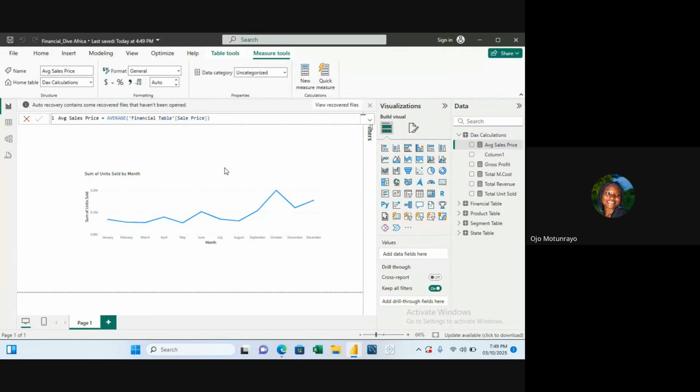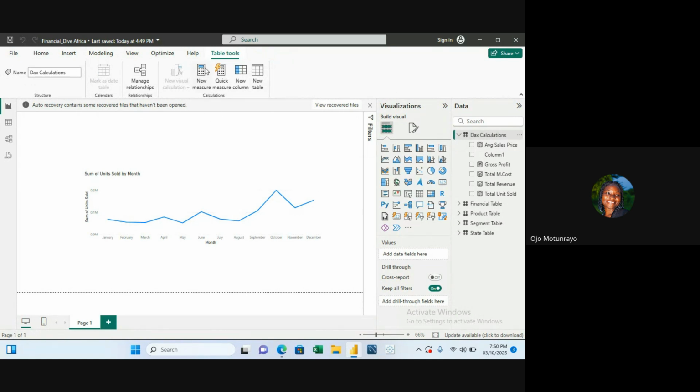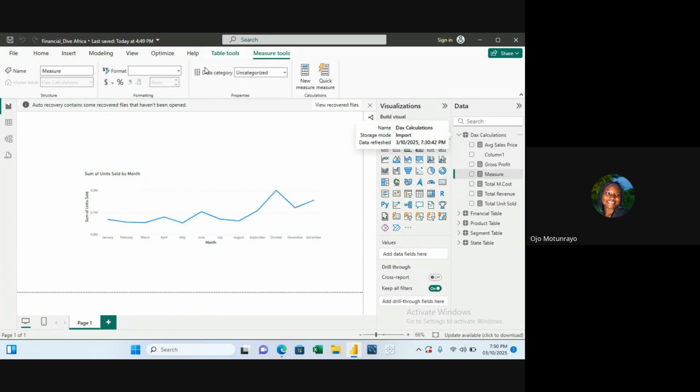Gross profit is different from total profit. So we are calculating profit per unit. Also, we are creating measures for profit per unit. So how do we get profit per unit? Anyone with an idea should drop it on the chat box.